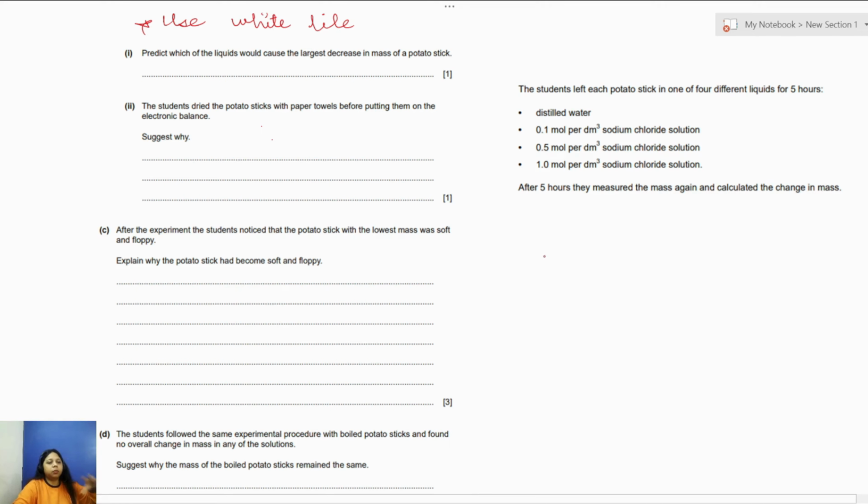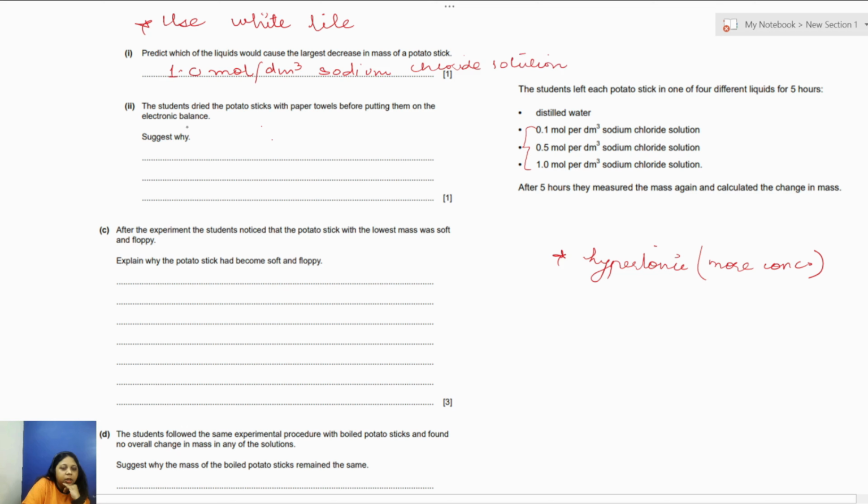So the mass or the size becomes smaller in hypertonic. So which one is hypertonic? Hypertonic means more concentration. Yes, 1.0 mole per cubic decimeter sodium chloride solution. Write the complete statement.